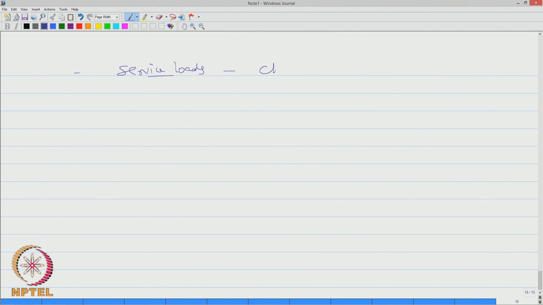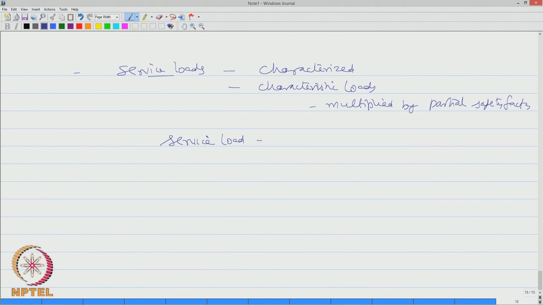Service loads are generally characterized, they are called characteristic loads which are actually multiplied by partial safety factors.